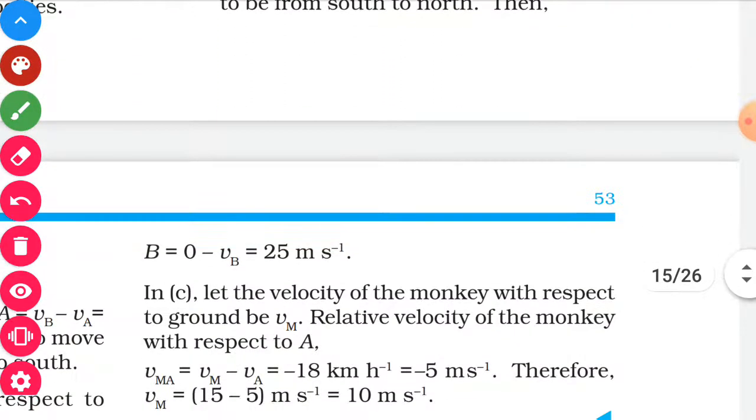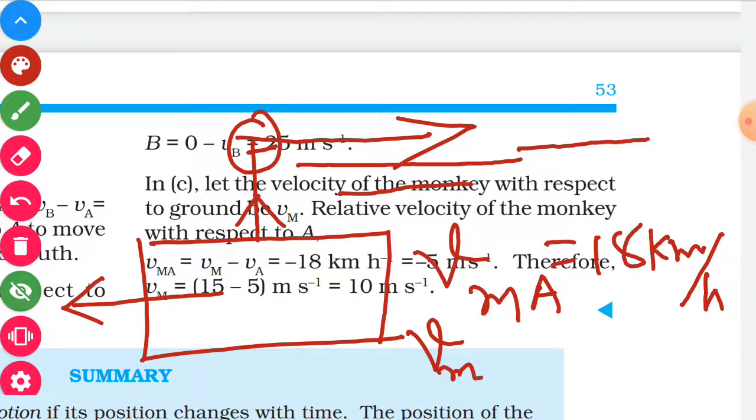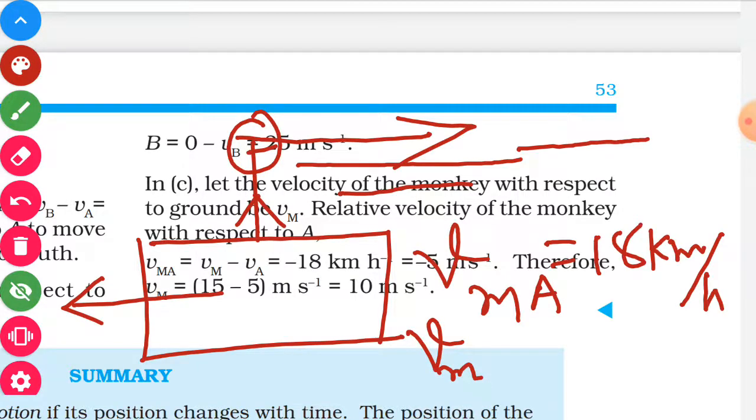That can be easily found. VMA is nothing but velocity of monkey with respect to train A, and that is VM minus VA. Now VM is what we want to find. The velocity of monkey relative to the train is 18 km per hour. Train A is moving in the north direction, and its velocity is taken to be positive.